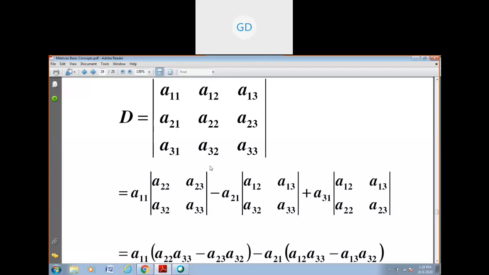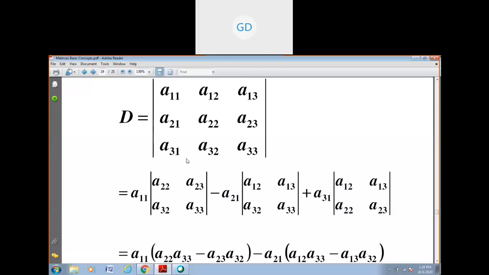Next plus the third element. Along this we are going to expand it. So A11 we have considered, A21 considered, now A31. A31 into what will be the elements? This element is in the third row and first column. We have to omit the first column and the third row because this element's row is this and this element's column is this one.